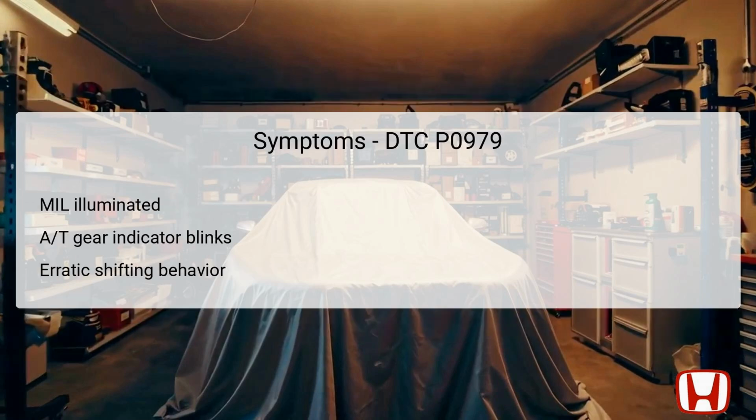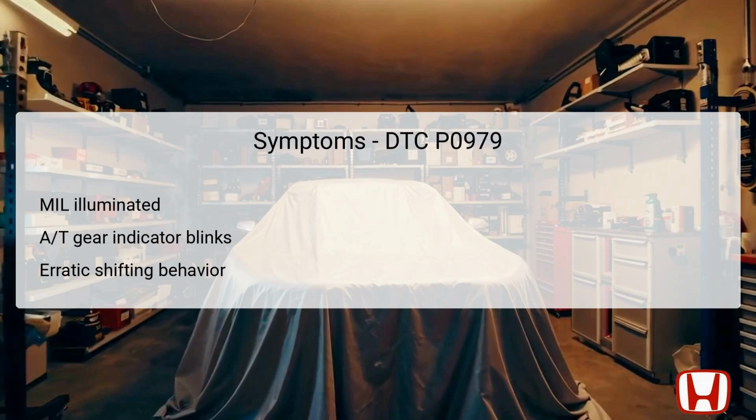Drivers may notice several symptoms when DTC P0979 is triggered. The most immediate indication will be the illumination of the malfunction indicator lamp, MIL, on the dashboard. This warning signals that there is a problem within the transmission system. Additionally, the AT gear position indicator begins to blink, indicating that the transmission is experiencing issues.